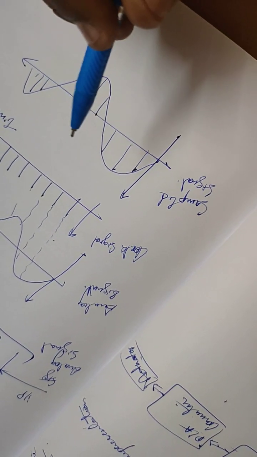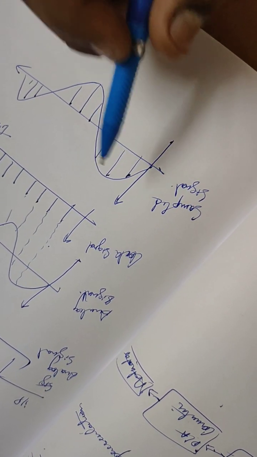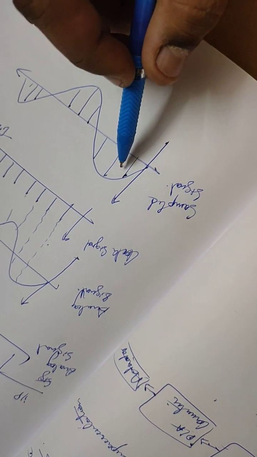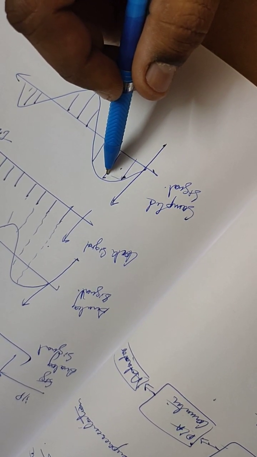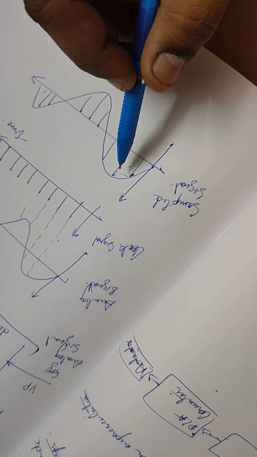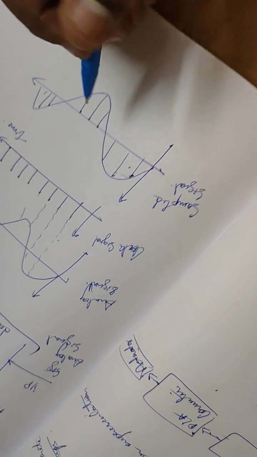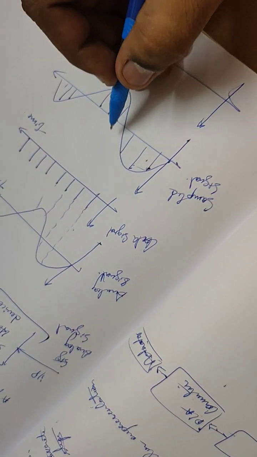The sample and hold unit or device is then used to hold each sampled value until the next one occurs. You get that, right? It's going to hold each sampled value till the next one occurs. This is just the representation.